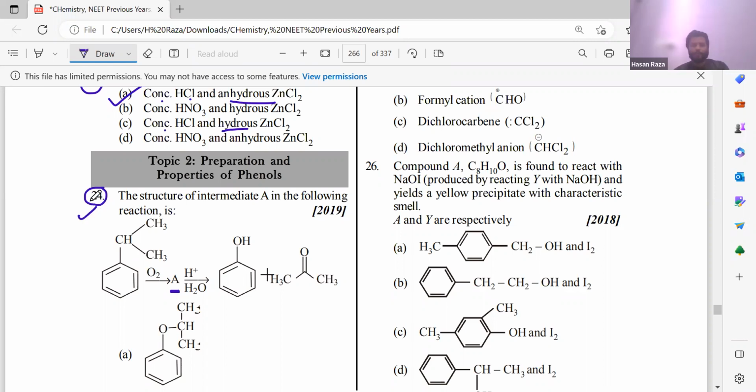Question number 24. Can you show the options?